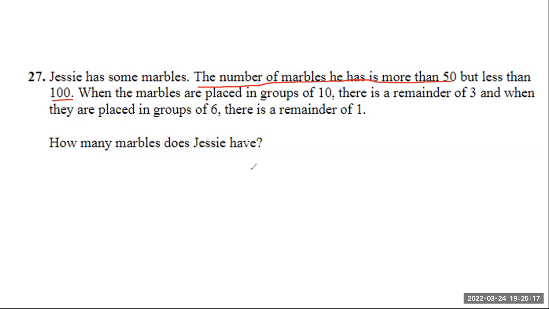So when we say more than 50 marbles, what could be the smallest number of marbles he could have then if he has more than 50? 51. Very good. So it will be 51. What would be the number after 51? 52, 53, 54, and so on.